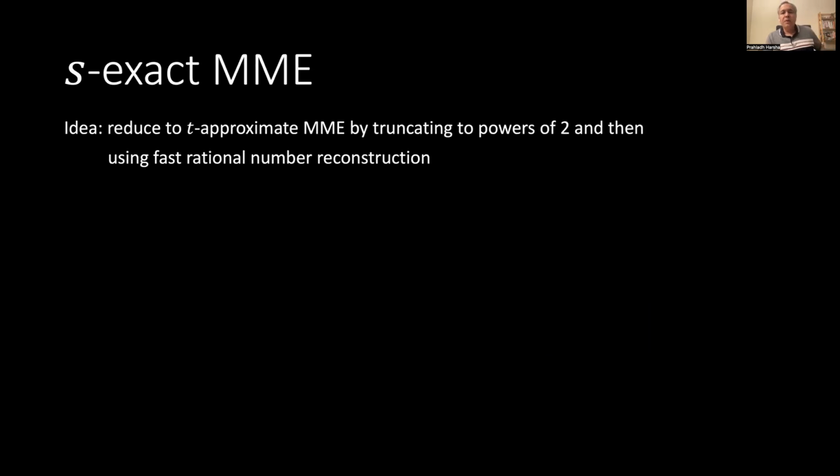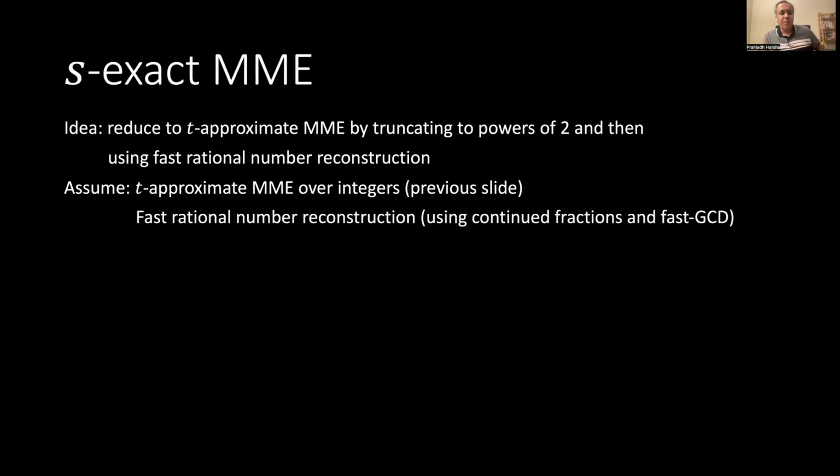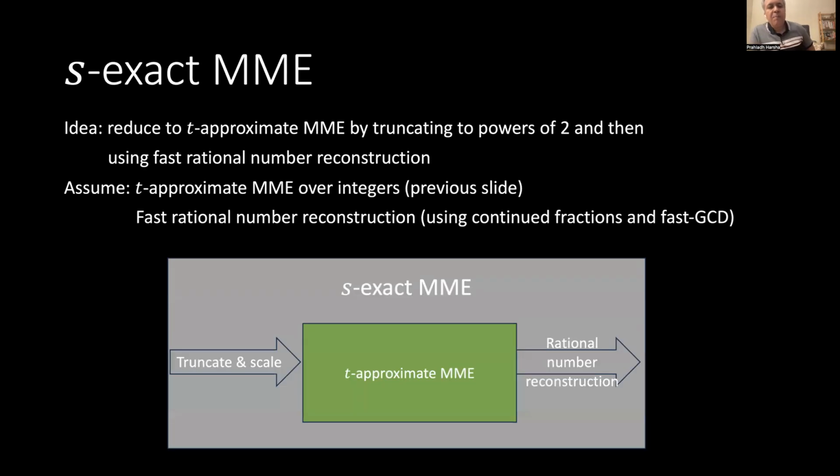Okay, we still are left with how to do the S-exact MME. We would like to ask, can we use the t-approximate MME to solve the S-exact MME? And surprisingly, the answer is yes. Given the input for the S-exact MME, we pretend as if we are actually trying to solve the approximate problem and get very good rational approximations of the answers, and use the fact that there are extremely good rational number reconstructions.